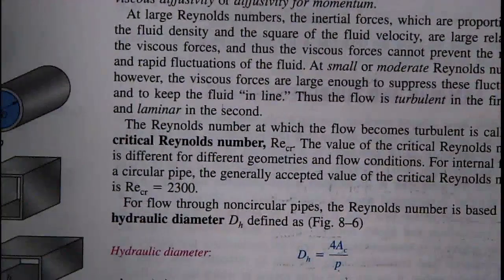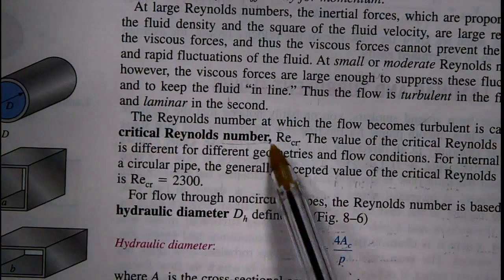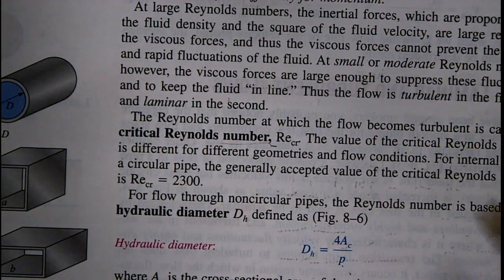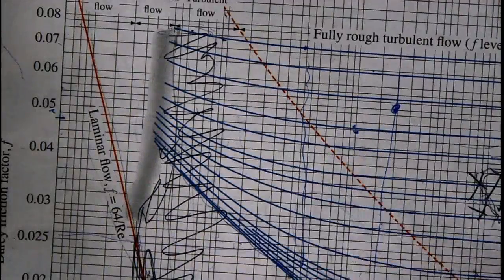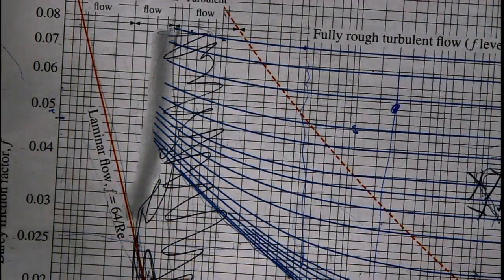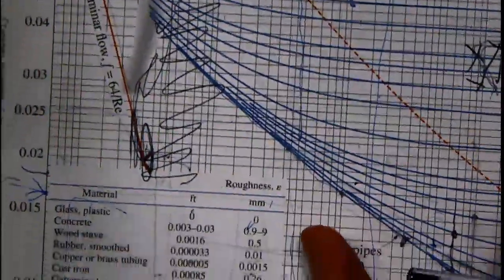Anyway, critical Reynolds number. Critical Reynolds number is the transition between laminar and turbulent flow. So if I take a look at pipe flow, on one side I have laminar, on the other side I have turbulent. The critical Reynolds number is floating around. Isn't that cool? It probably hurts your eyes.